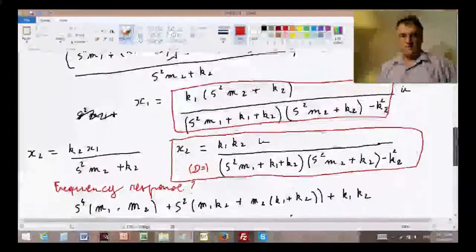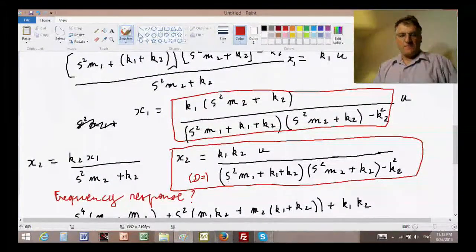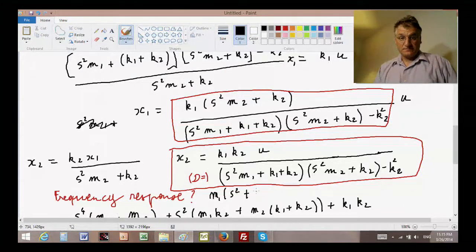Okay. So this transfer function will simplify to M1 times S squared plus, hold on a second. So it will be M1, hold on a second. And we will figure out the details later.